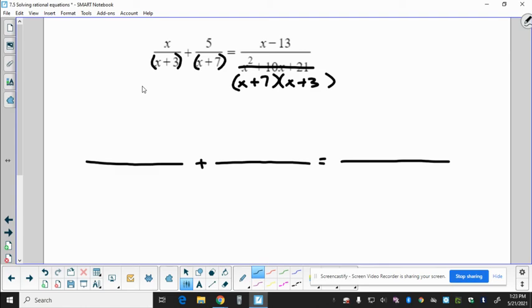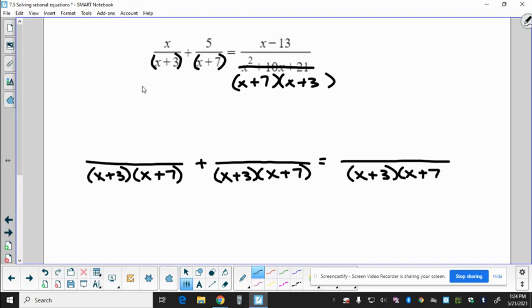Because I'm thinking the common denominator is x plus 3, x plus 7. Let's put our numerators in there. x, 5. We have an x minus 13 over here.